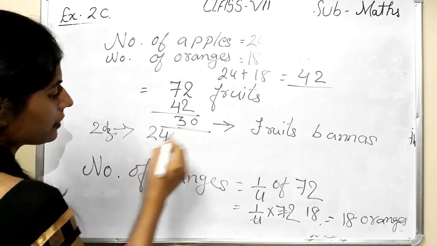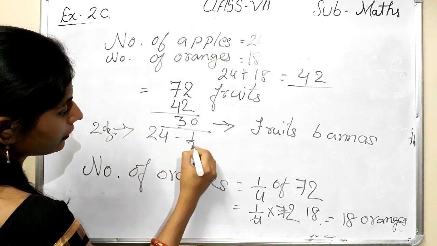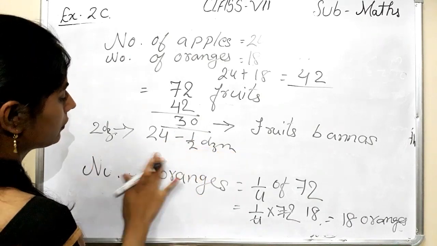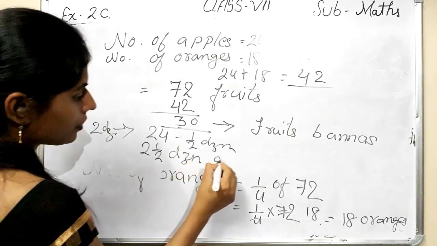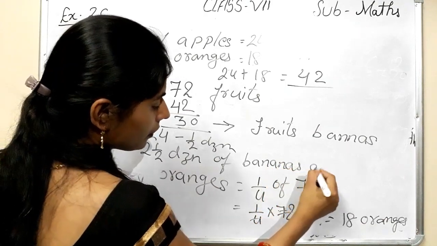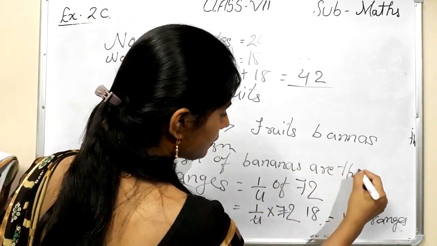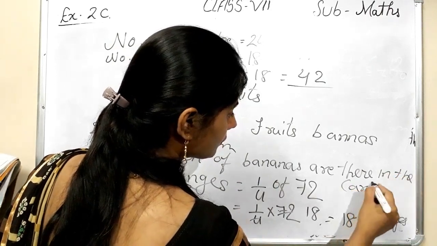It is 30 means plus 6, then add half dozen here. So 2.5 dozen bananas are there in the cart.